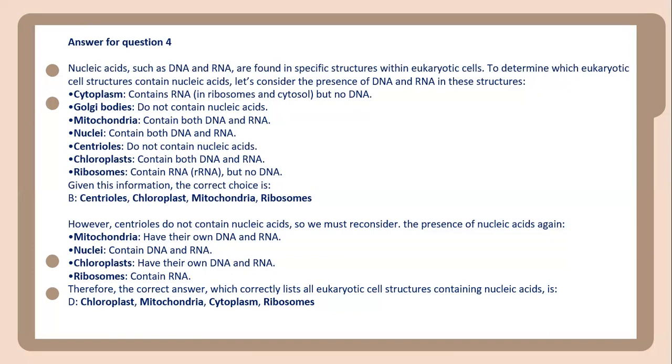Given this information, the correct choice is B, centrioles, chloroplasts, mitochondria, and ribosomes. But however, centrioles do not contain nucleic acid. So we must reconsider the presence of nucleic acid again, where mitochondria have their own DNA and RNA.